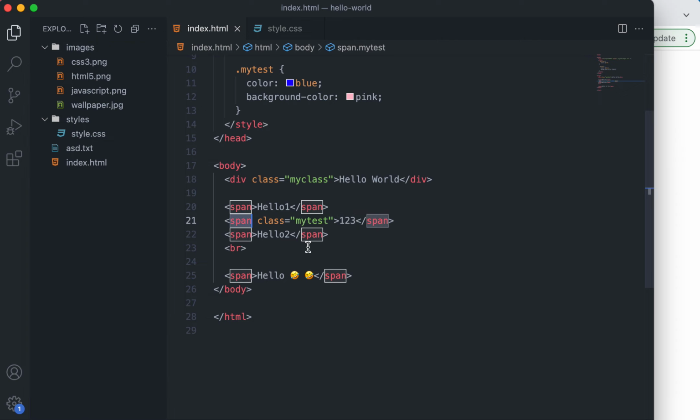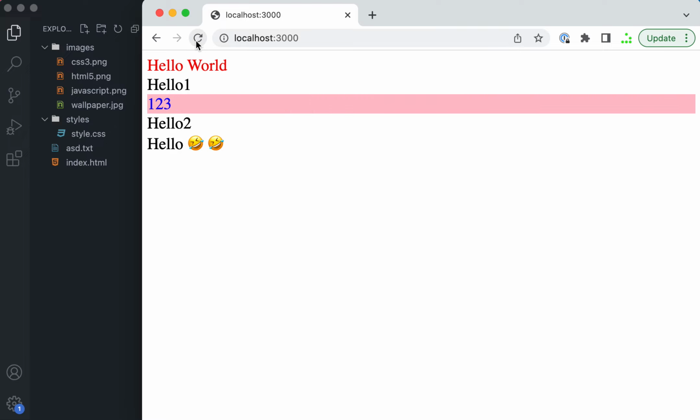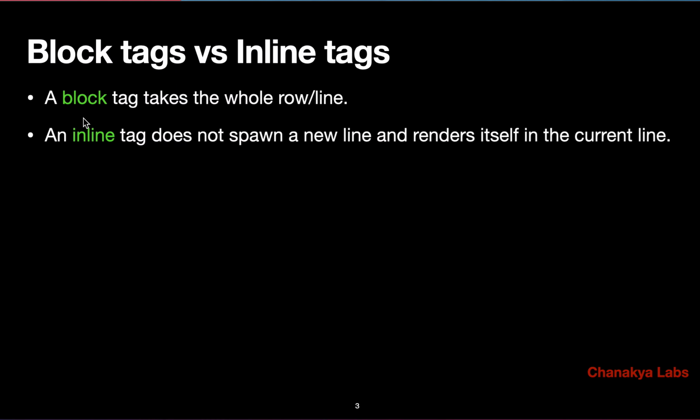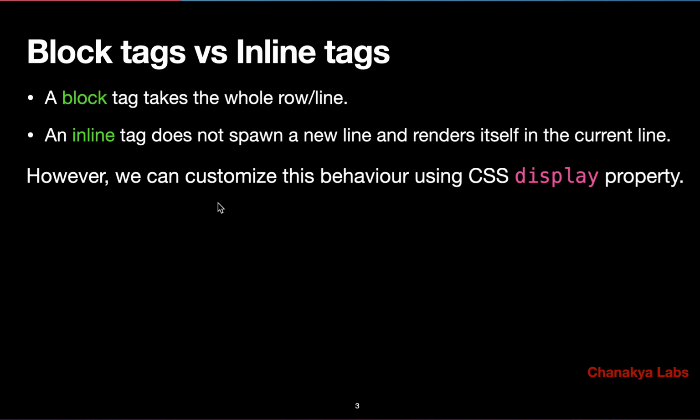In contrast, if this middle span would have been a div, then it would be a block. Now you see that this 1 2 3 has taken its own line, and that's why it is called block. That is what I meant when I said that a block tag takes the whole line, but the inline does not start a new line.